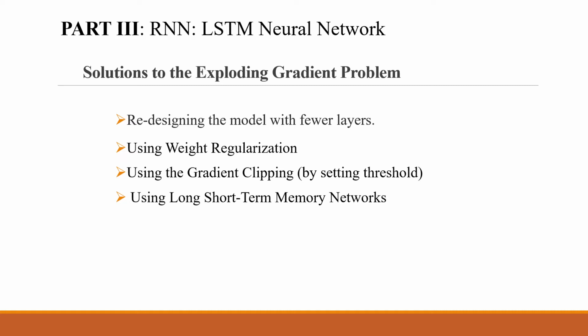This is where the gradients are clipped during backpropagation so that they never exceed some threshold. And the fourth and final one is using long short-term memory networks, the LSTM. They usually handle the problem using an original additive gradient structure that includes direct access to the forget gate activations.